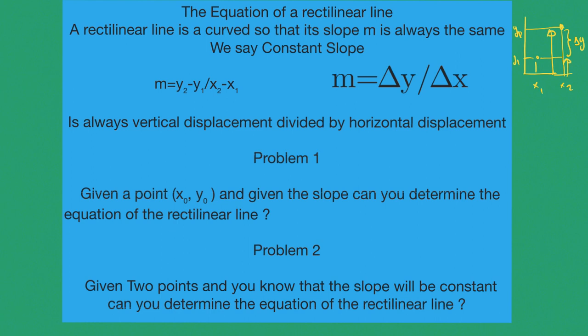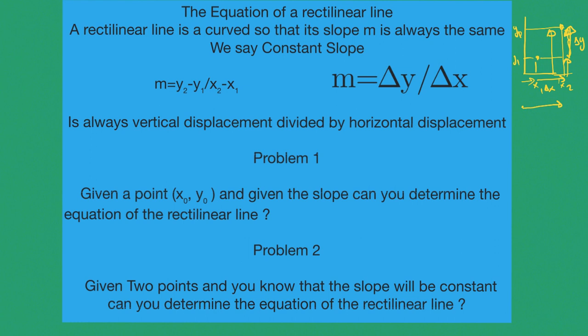And what is y2 minus y1? Well, it is from the initial to the final position. This is delta y. And delta x is x2 minus x1. x2 is all this quantity and x1 is all this quantity. And what is x2 minus x1? It is from x1 to x2. Delta x is this thing.